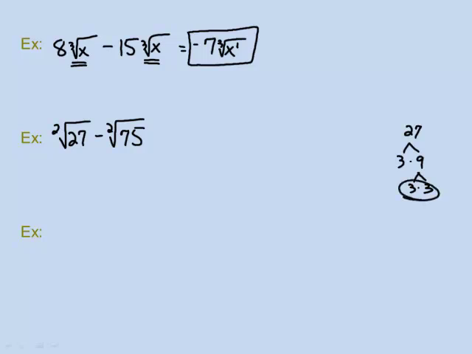Notice that 27 does have a perfect square in it. 3 times 3, or 3 squared, is 9. So looking just at this first radical, we're going to take the square root of 27 and rewrite that as the square root of 9 times the square root of 3. Or if you prefer, you can write that as the square root of 3 squared times the square root of 3.